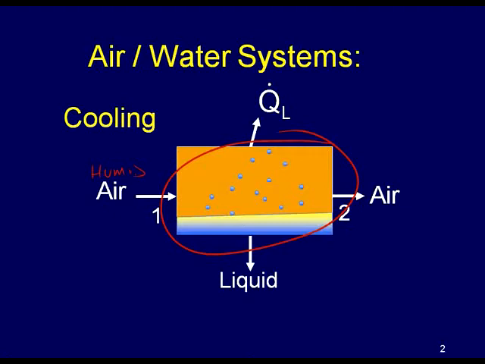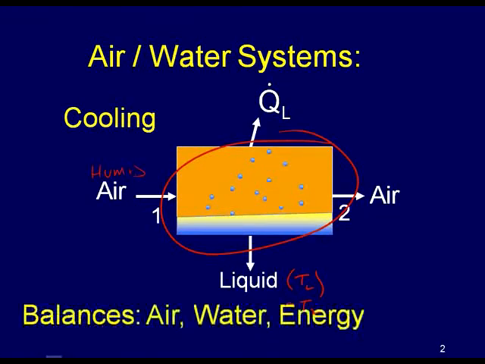Once it reaches its dew point, liquid starts to come out on the coils of the heat exchanger. Typically this liquid is as low a temperature as the lowest temperature of the air coming out. So I'm going to put TL approximately T2; often I'll make that assumption.